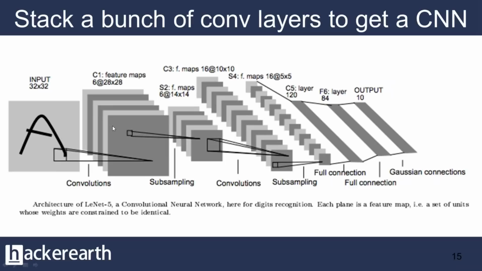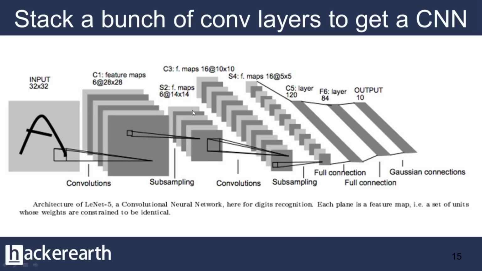So you would get 6 channels or feature maps as a result of that. And then he was doing subsampling, I will come to subsampling in a minute, to reduce the size of the feature map. What subsampling basically does is it says that, let's say I found a slanted edge, it doesn't matter whether it's here or slightly shifted, I'm going to just count it as one slanted edge.